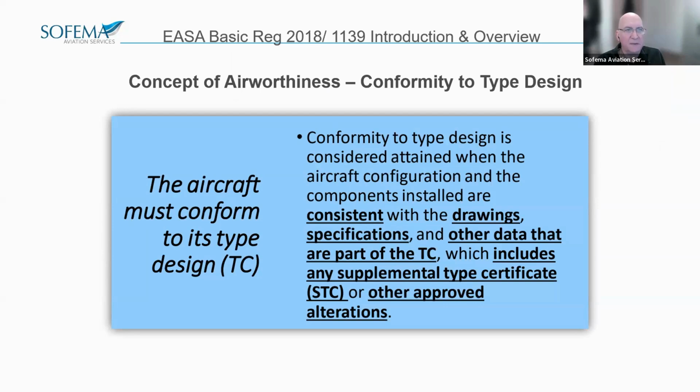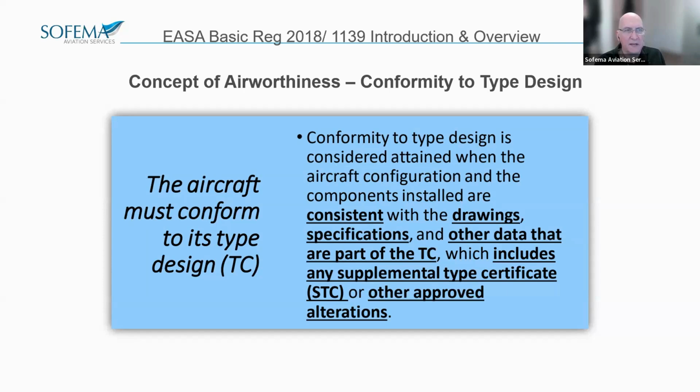So this is considered to be attained when the aircraft configuration, its configuration being all its components and elements, and when the components installed are consistent with the drawings, specifications, and other data that are part of the type certificate, which includes any other supplemental type certificate or other approved alterations.